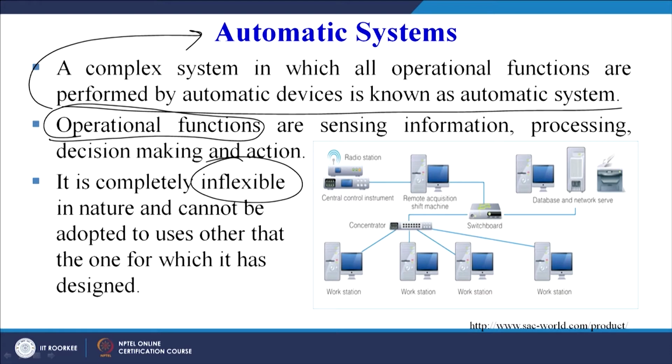When an automatic system is designed, for example, an assembly line which is fully automatic in nature and used for assembling a particular product or a particular automobile, it becomes a rigid system. It will work efficiently and productively for the product for which this line has been developed, but it will not be useful for any other product if that is entirely different in its shape, size and volume of production.